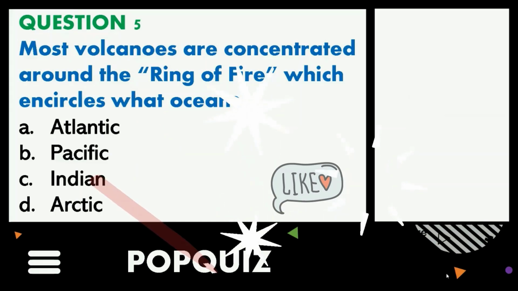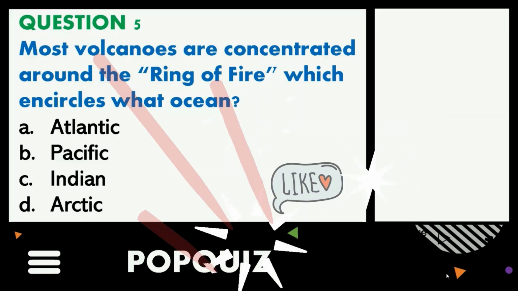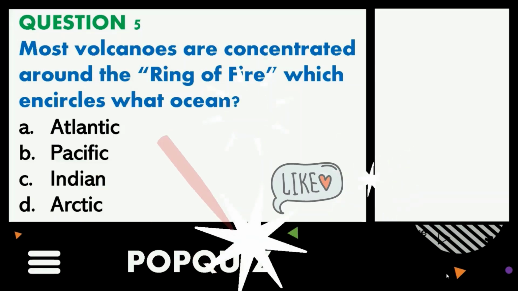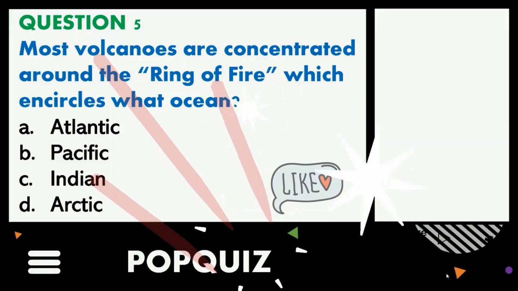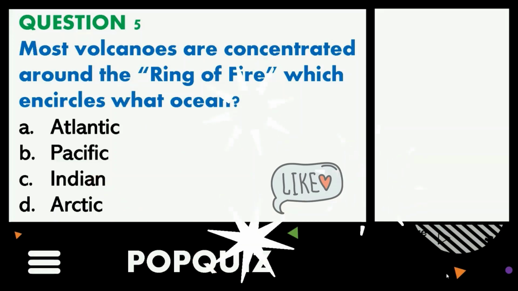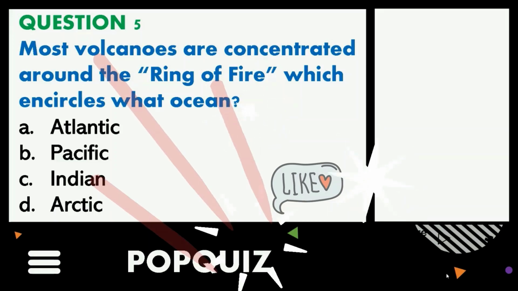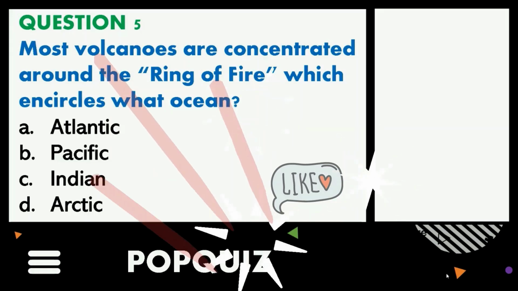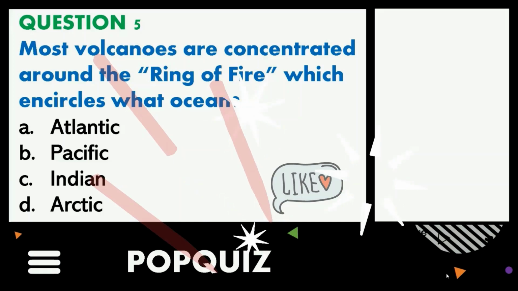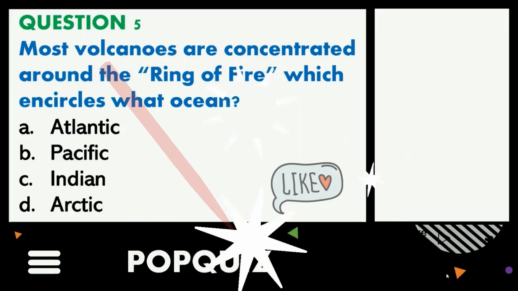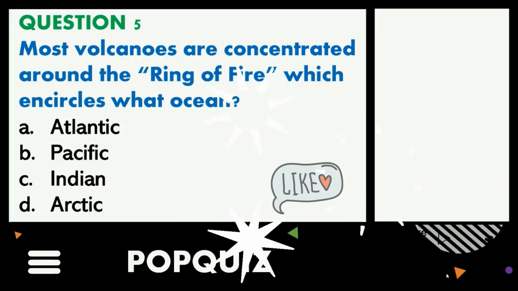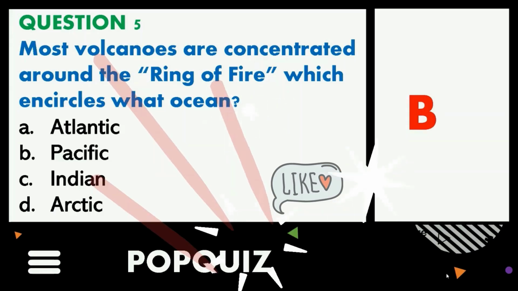Most volcanoes are concentrated around the Ring of Fire, which encircles what ocean? Is it A, Atlantic, B, Pacific, C, Indian, or D, Arctic? Go! And the answer is B.